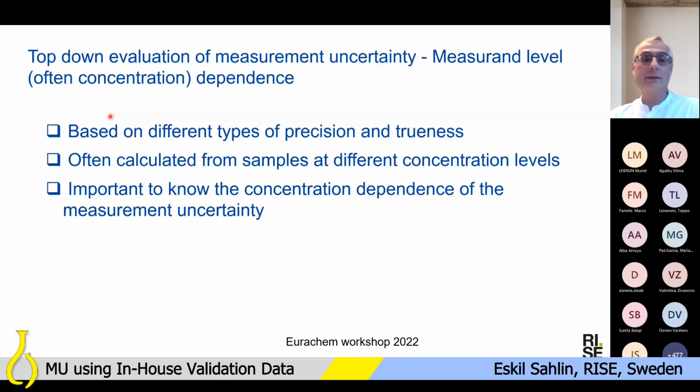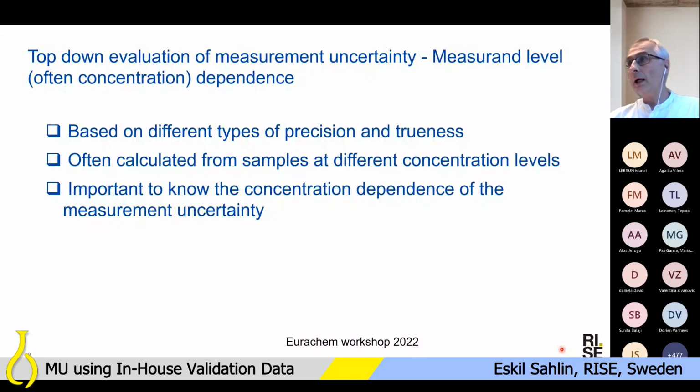And the reason for having a presentation like this is that in empirical approaches and top-down approaches, we typically use data for different types of precision, repeatability or reproducibility, and so on, and sometimes also trueness data. And these data are calculated from samples and reference materials at different concentration levels.